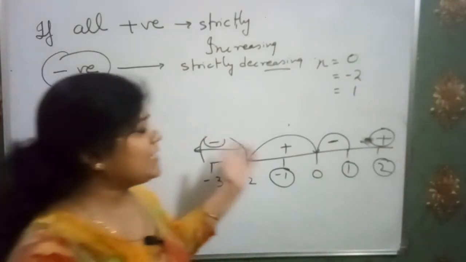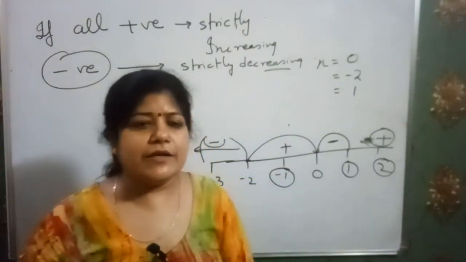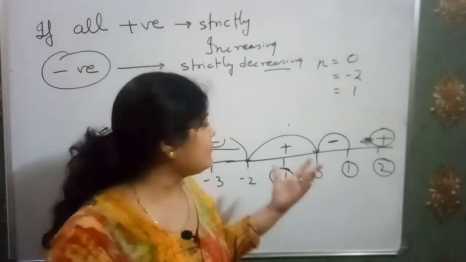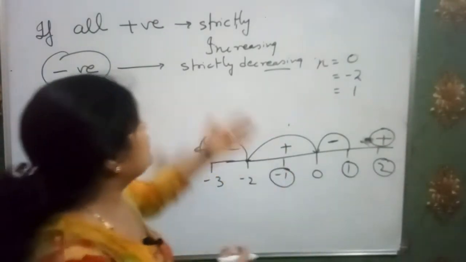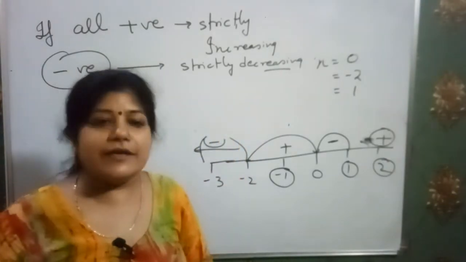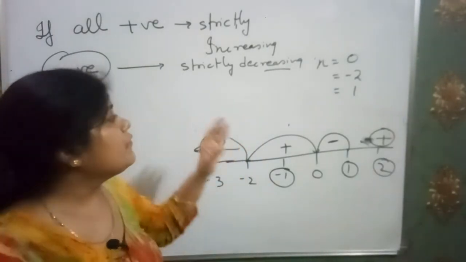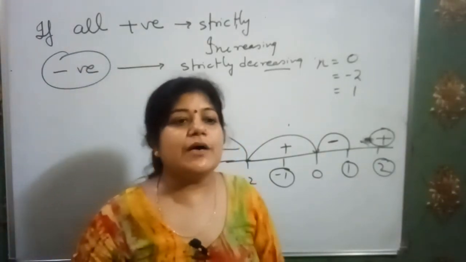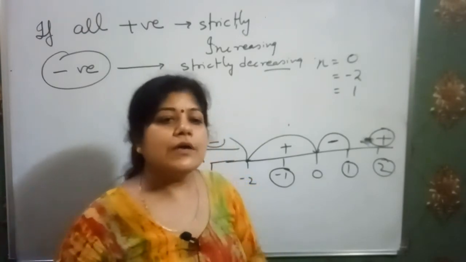Next, if we have plus minus, plus minus, plus minus, it means at some places our values are increasing, at some places our values are decreasing. In this case, we find the local maxima and local minima. Clear?